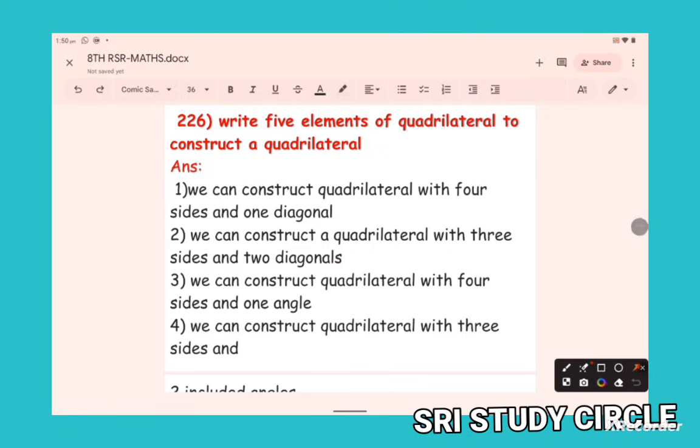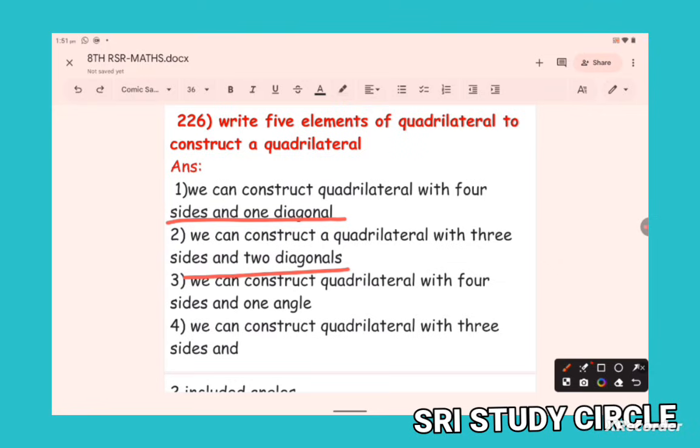Write 5 elements of a quadrilateral to construct it. We can construct a quadrilateral with 4 sides, 1 angle. We can construct a quadrilateral with 3 sides, 2 angles.